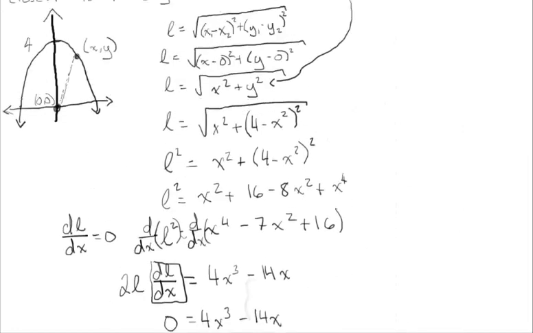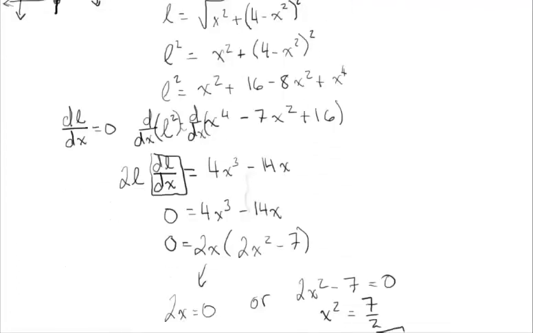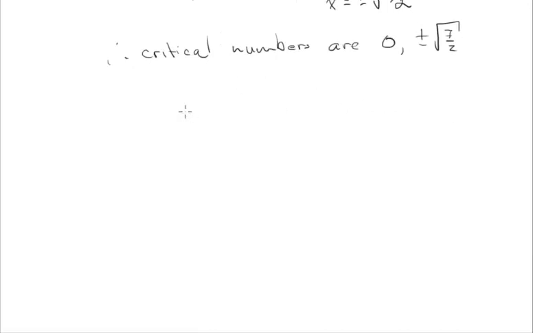Remember, the original question was determine the point on the curve closest. So that would be the one where the length or the distance is a minimum. In order to figure out what the minimum is, we need to do the first derivative test. So the first derivative test, there's no beginning point, right? Because this curve exists everywhere.